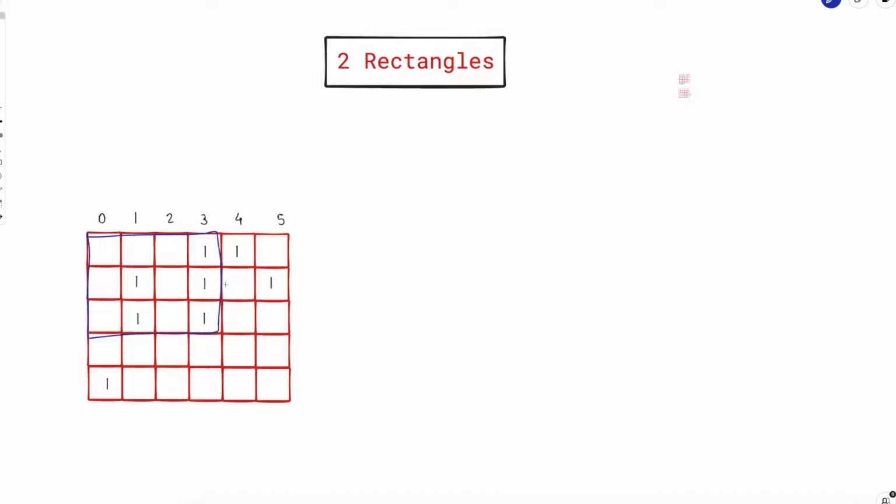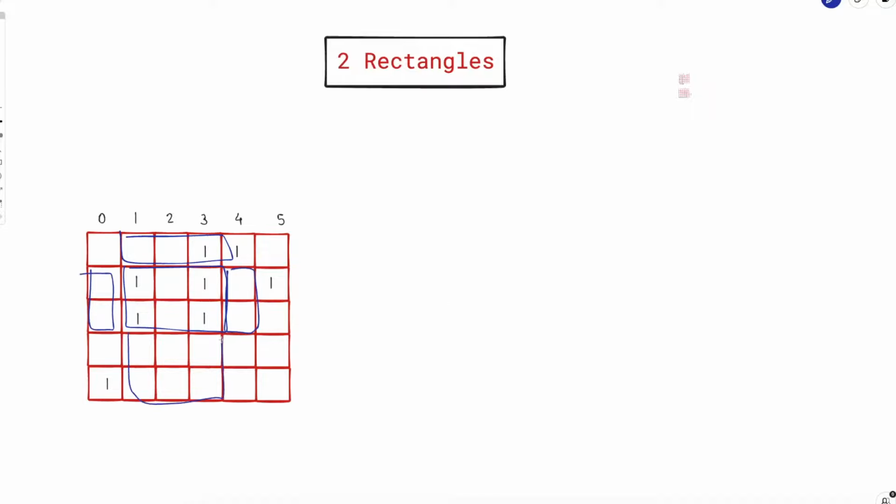So what that means is, if you have fixed a rectangle, you would need to figure out whether there is a one on the left side, on the right side, or on the down side, or on the top side. Like for example, if you have taken a rectangle like this, then you have 4 sides, right? There is a top side, a left side, a right side, and a bottom side.